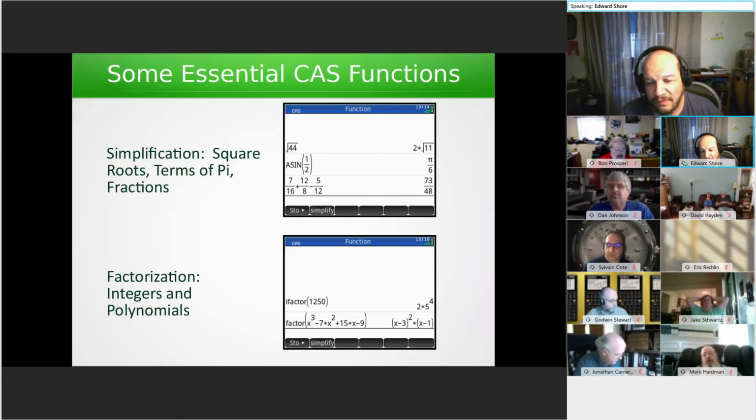And then factor by itself factorizes polynomials, and it probably also factorizes any other expressions the system can use. So if I was to factor x cubed minus 7x squared plus 15x minus 9, I get (x minus 3) squared times (x minus 1).